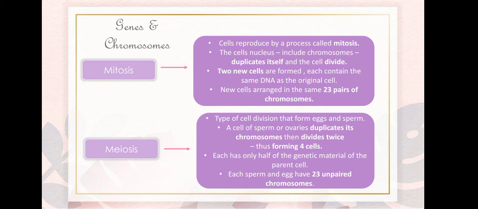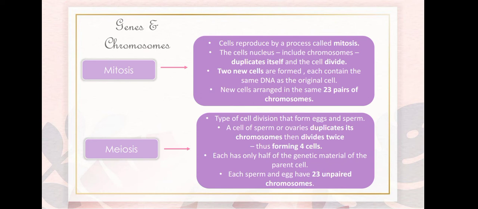So each chromosome, or DNA from ovum and DNA from sperm, will pair. Means the division of the cells will be different because they will exchange.